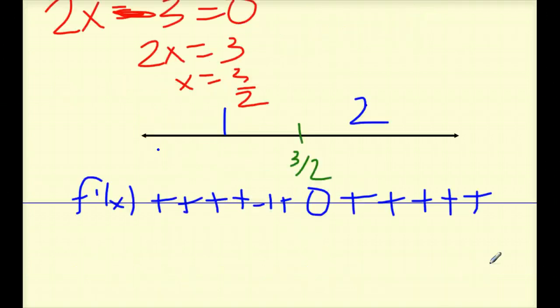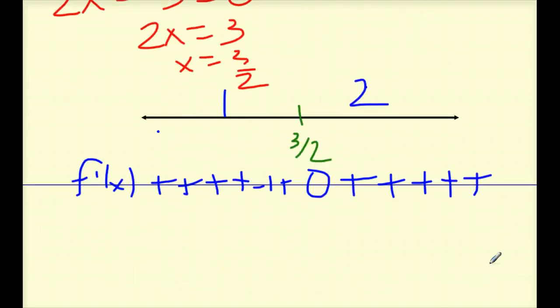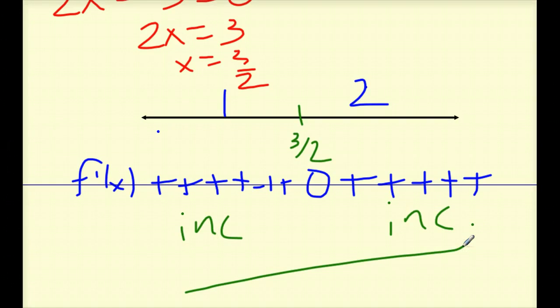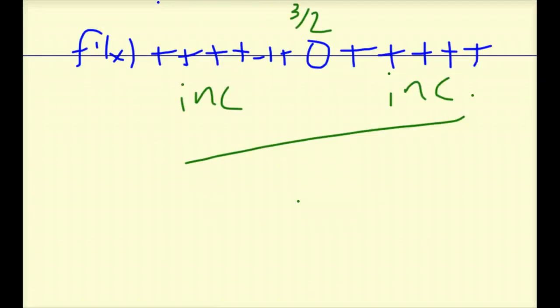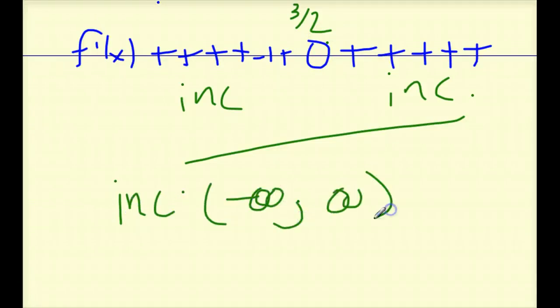So if I'm taking a look at these intervals, what I do notice is this is increasing and this is increasing. So my graph is just going to go up this way. So I can't declare a maximum or minimum. All we could actually say is that this is increasing. And because 0 is here, it counts from negative infinity to infinity. Okay, so that's it for this section.